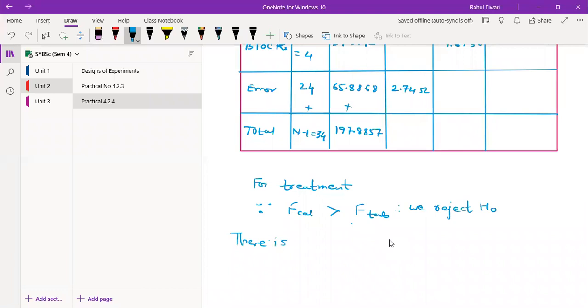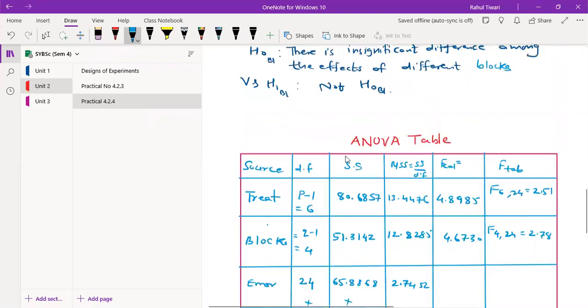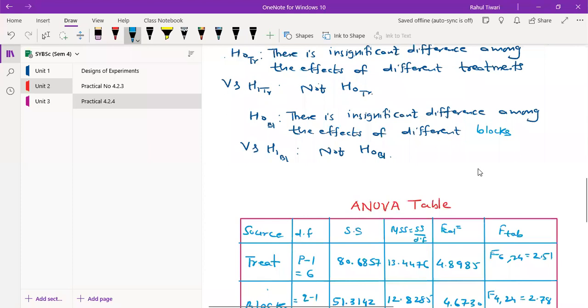There is significant difference among the effects of different treatments.